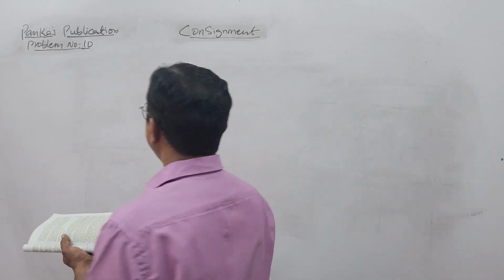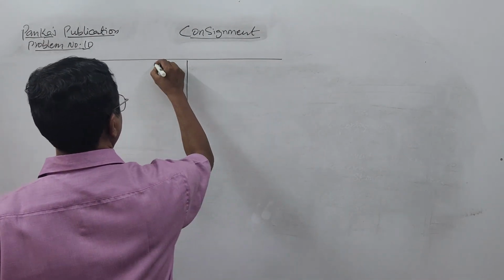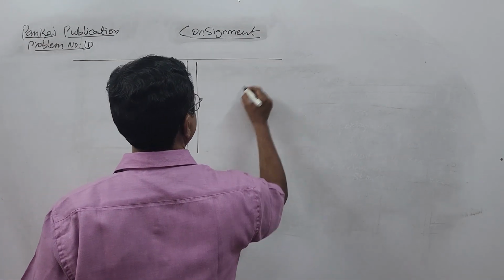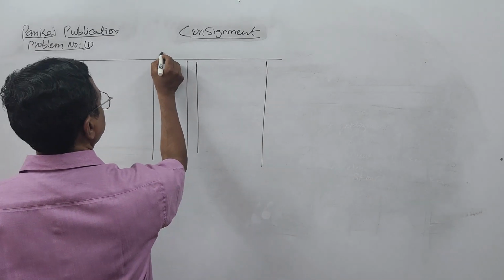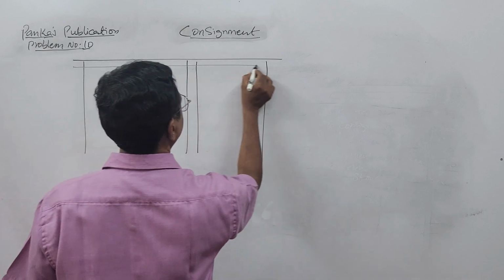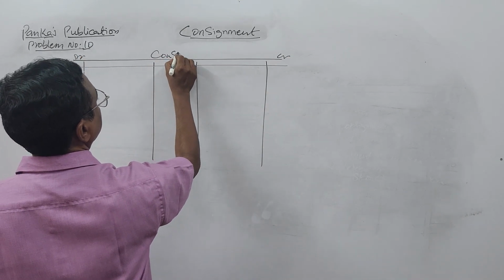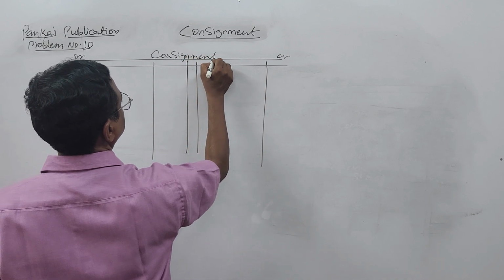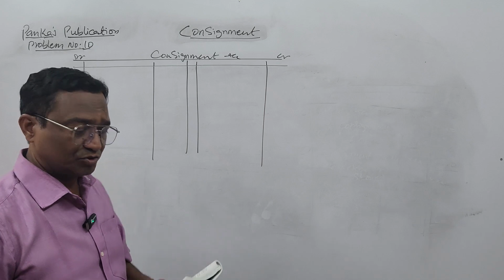So here we prepare the consignment account. Dates are not given. Better in the exam to write the date column also, debit and credit. So let us prepare the consignment account.